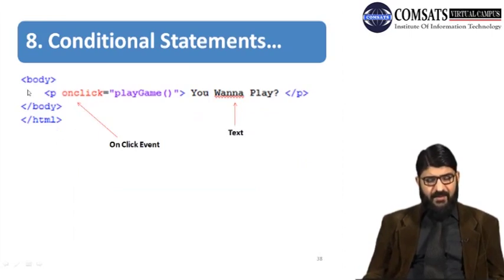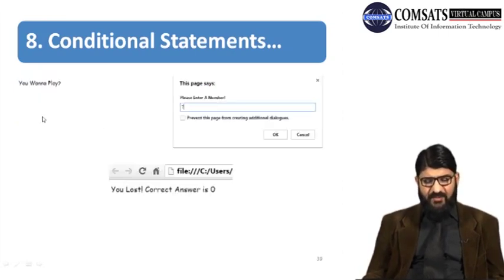In the body tag, for example, on click you want to use a particular function, that is playGame. So you have displayed you wanna play, so on click the user will trigger the function that is playGame. So see how it will appear. You wanna play.